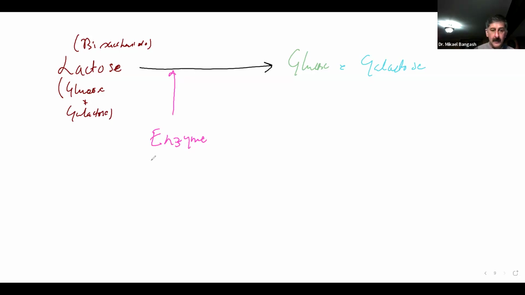And this enzyme is called lactase. So any substance that ends with the letters A-S-E is mainly an enzyme. This lactase is called lactase because it acts upon lactose.